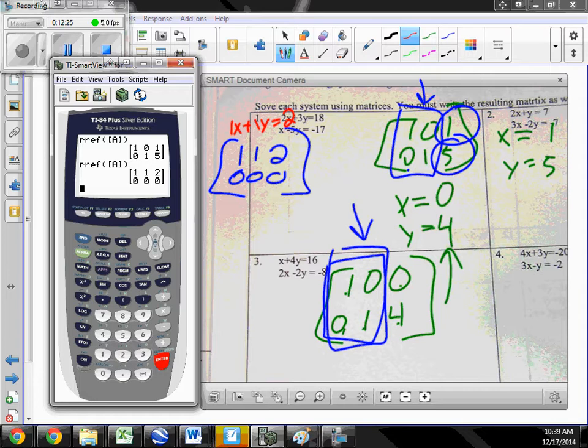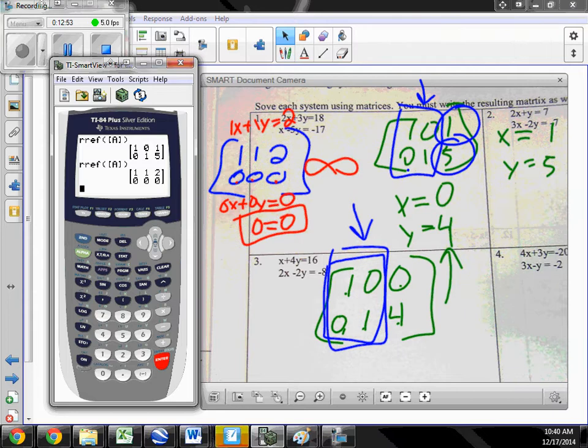The bottom row says 0x plus 0y equals 0, which simplifies down to 0 equals 0. When is that true? When does 0 equal 0? Always. So if you have 0, 0, 0 on the bottom, that tells you it's infinity. Okay? Well, let's go in and change my equations.